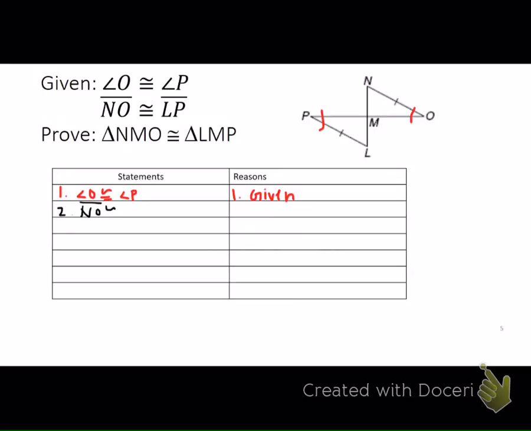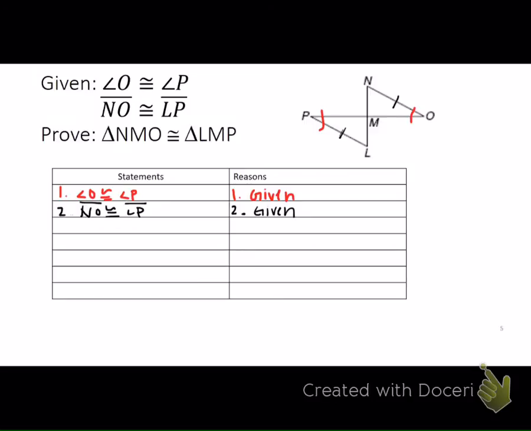Iku, I'm going to ask you this again. Can we do anything with NO congruent to LP? Can we define anything from that? Nope. Congruence does not allow us to do anything else, so that's just marked congruent. So we need to figure out something else because we only have 2 pieces of information and we need 3.